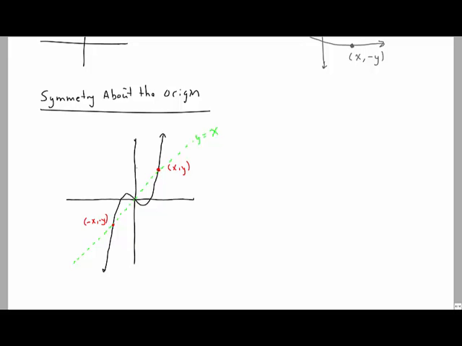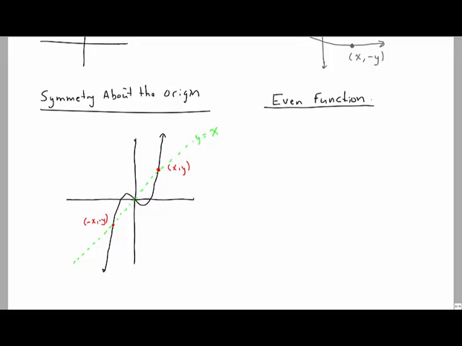Now I can also talk about even and odd functions quickly. First of all, let's talk about an even function. Now we're not just looking at the numbers in the function. I'm not saying that all the numbers are even or all the numbers are odd or something like that.